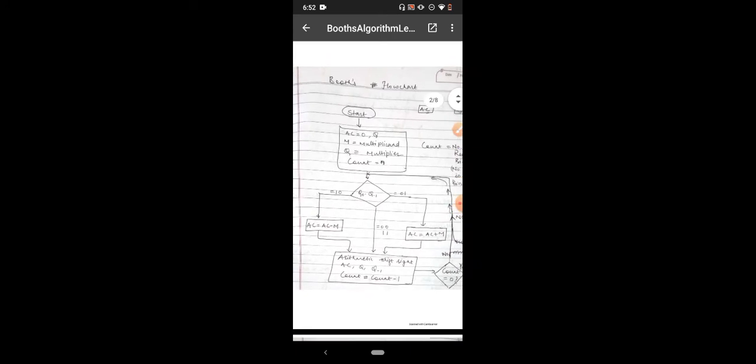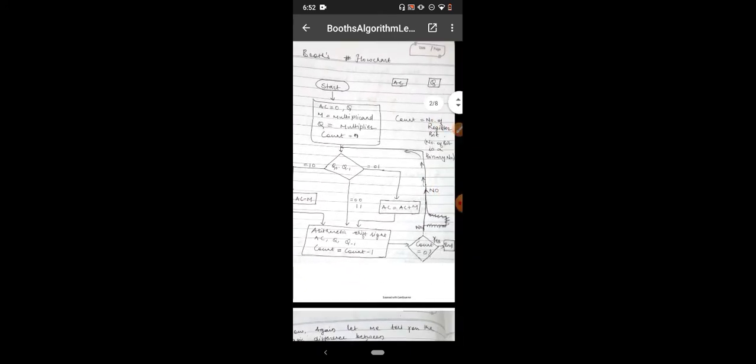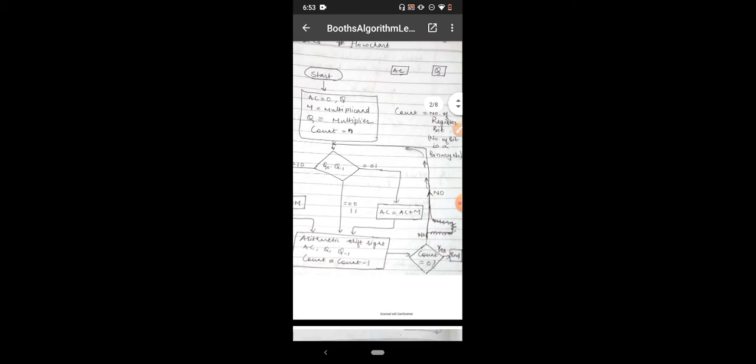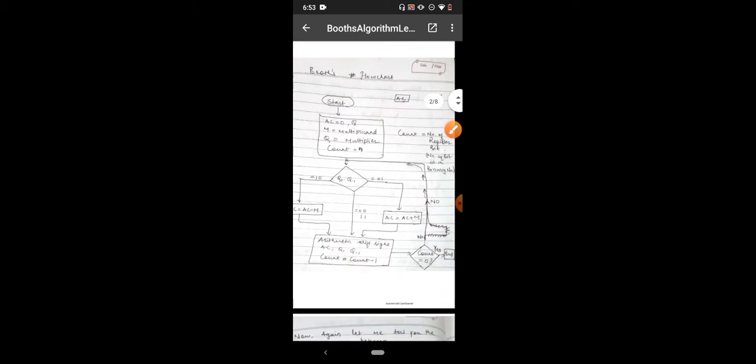First we start. Initially we take two registers, AC and Q. For multiplication, we have two numbers given: the multiplicand and the multiplier.